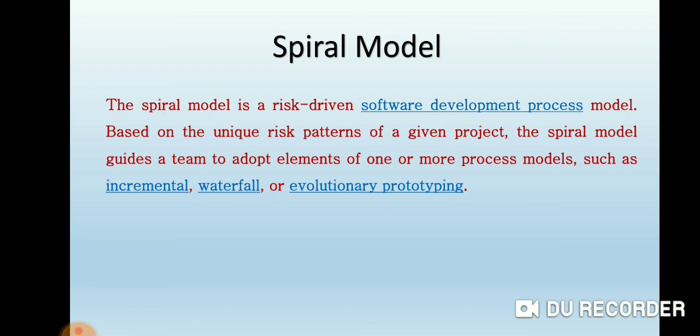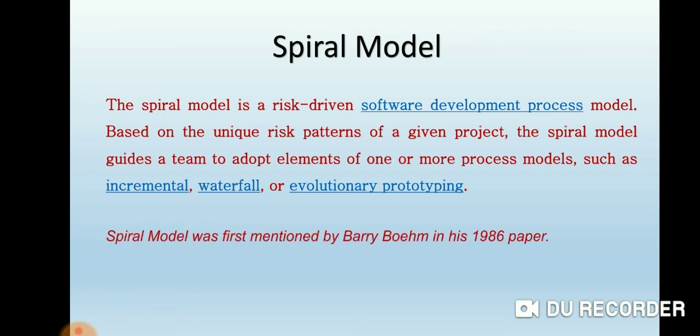Spiral model is a combination of the waterfall model and the iterative model. Each phase in the spiral model begins with a design goal and ends with the client reviewing the progress. The spiral model was first mentioned by Barry Boehm in his 1986 paper.